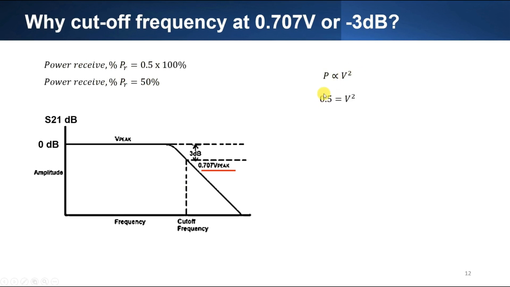That means 0.5 power is equal to voltage squared, so voltage equals the square root of 0.5, which gives 0.707. The 0.707 indicates 50% of power received. This is why the cutoff frequency always shows at 0.707 volt or -3 dB.